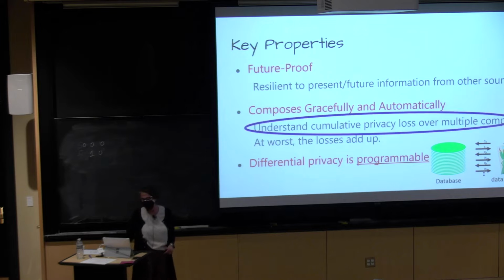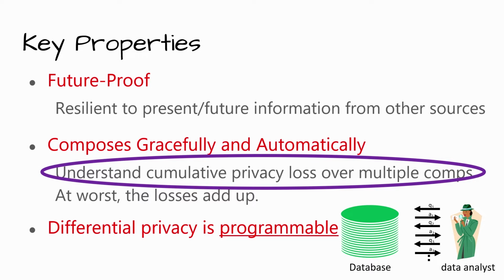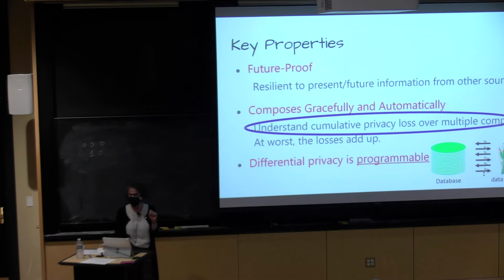What that means is that differential privacy is now programmable. That is, we can define small differentially private primitives, and we can put them together in creative and interesting ways in order to carry out more complex privacy-preserving statistical analyses.